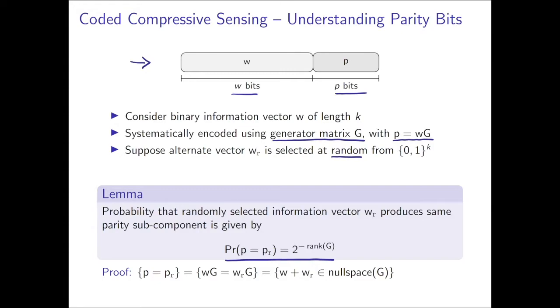The probability that parity pattern p_R is equal to the true parity pattern p has to do with the fact that the randomly selected information vector w_R times the generator matrix G should be equal to the true information vector w times the same G. This is equivalent to the modulo 2 sum of w plus w_R being in the null space of G. Since the null space of G plus the rank of G is equal to the dimension of w, and since the probability of picking a random w_R is 1 over 2 to the dimension of w, then we recover the result of the lemma.